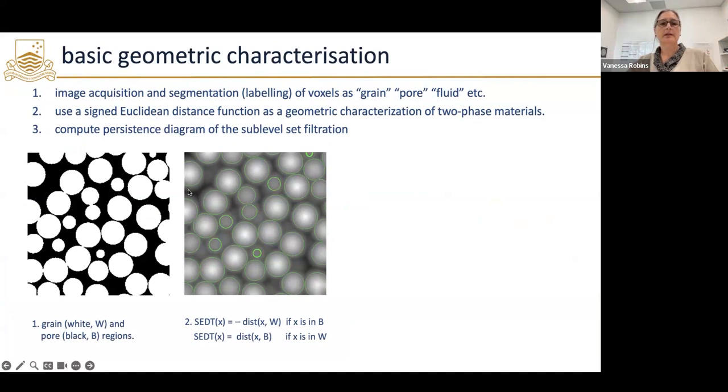So now when I connect two local minima together, the connections between two local minima occur when my distance function rises up through that index 1 saddle point. And that index 1 saddle point is associated with a throat, a constriction in the pore space. Okay.